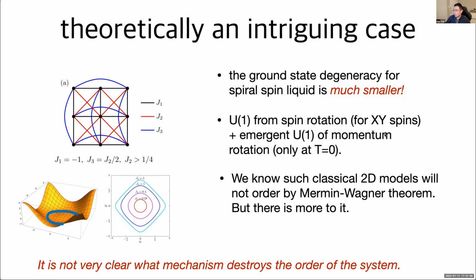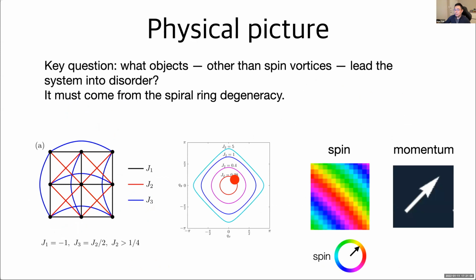So what we focus on here is what this emergent U1 symmetry of momentum rotation can bring us. We actually find that it makes a new type of topological defects emerge.